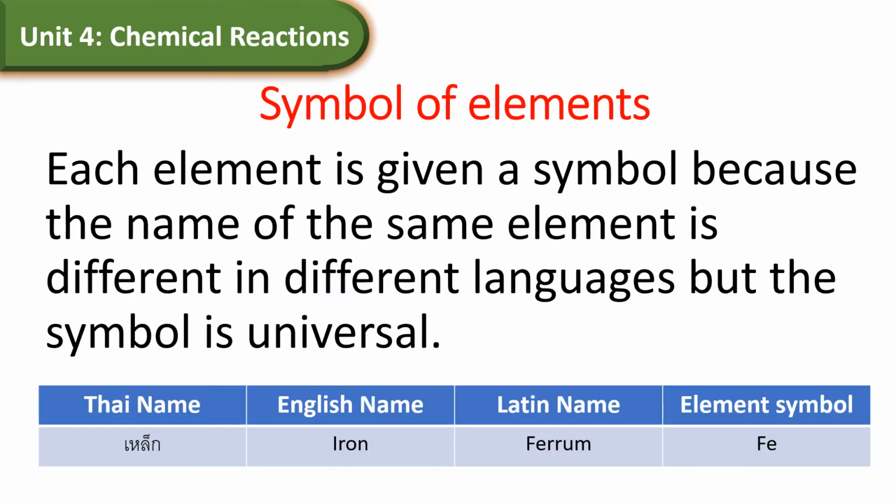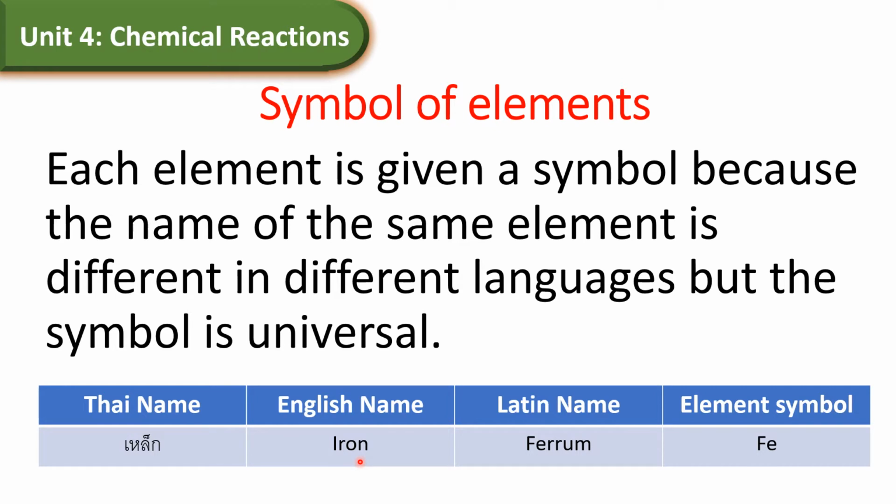Speaking of your elements, each element is given a symbol because the name of the same element is different in different languages, but the symbol is universal. Let's look at an example element, which is iron. Iron in Thai you would say leg. In Latin you will say ferrum. And in English it says iron, right?